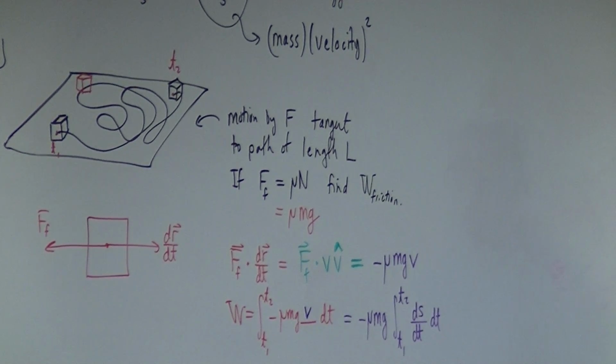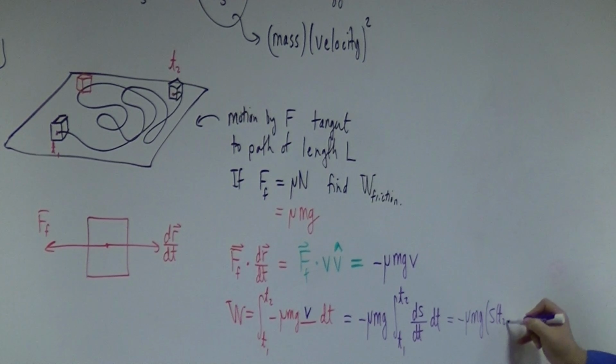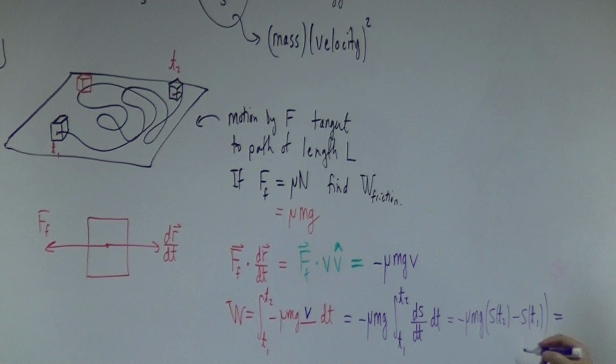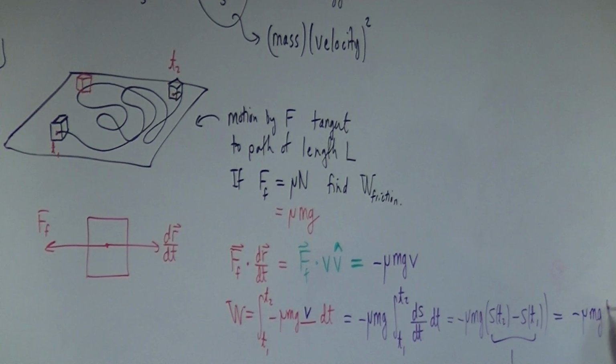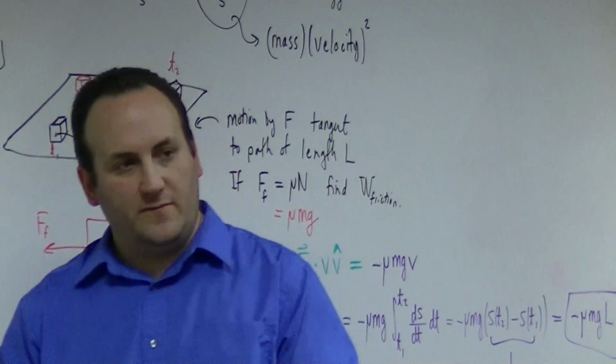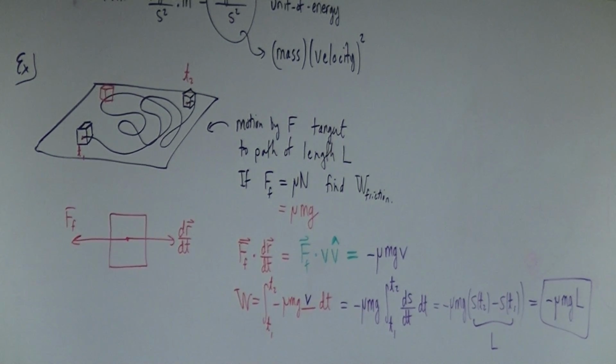But what's the integral of ds/dt? It's s of t2 minus s of t1 by the fundamental theorem of calculus, and of course this is just L, the total arc length. So there you go, minus mu mg L. That's the work done by friction, which is totally natural. It's the length of the path times the magnitude of the force of friction, and there's a minus because the friction force is opposite the direction of motion.